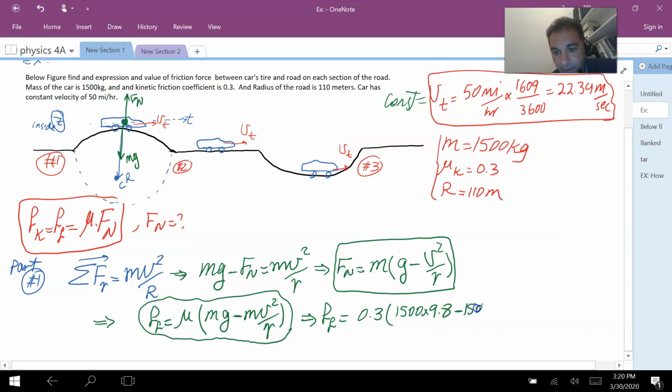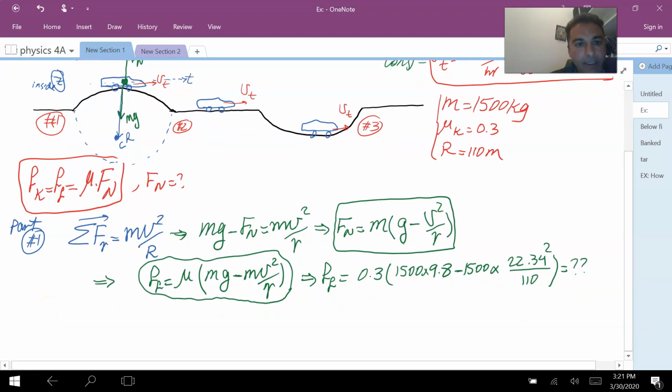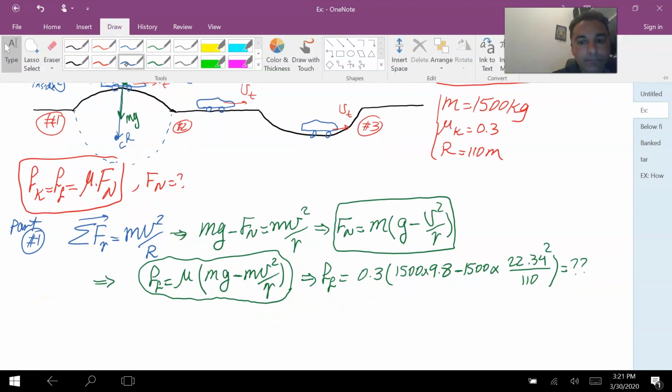Minus 1500, velocity is 22.34 to the power of 2 divided by radius, which is how much? 110. So find this value. Now this is your job, that you have to calculate it. Let's go on to part 2.